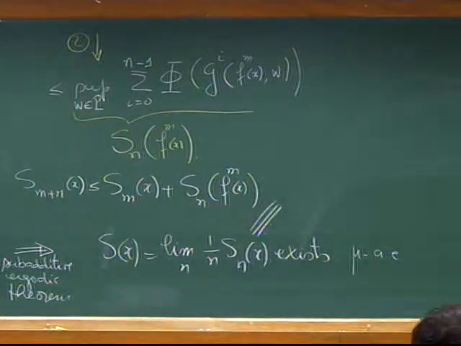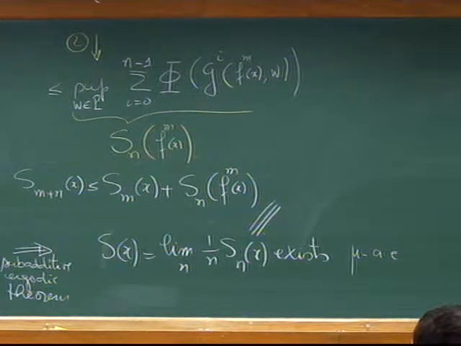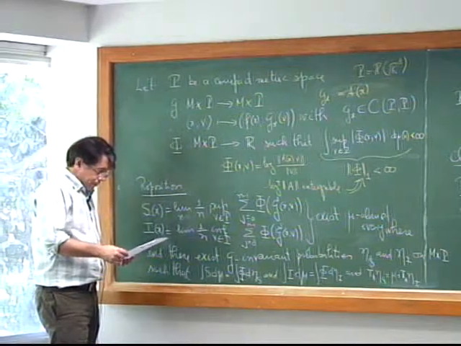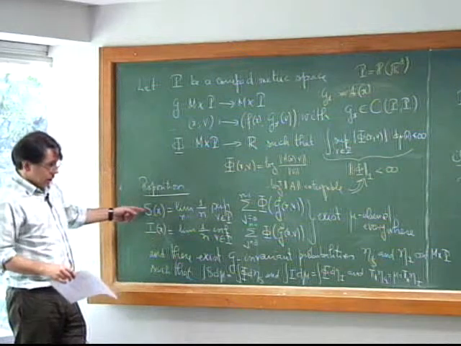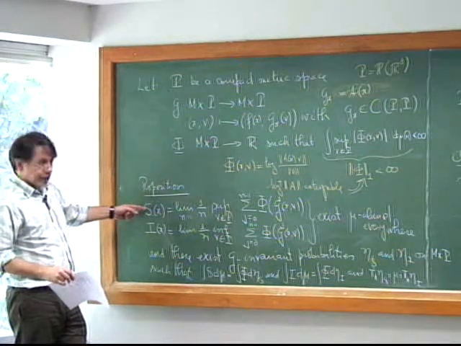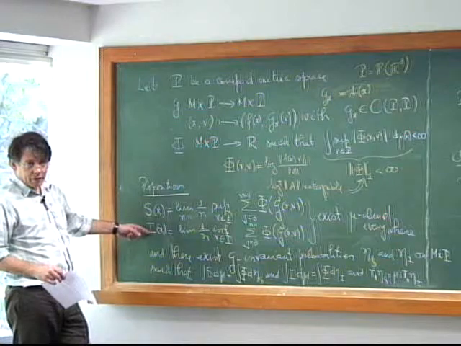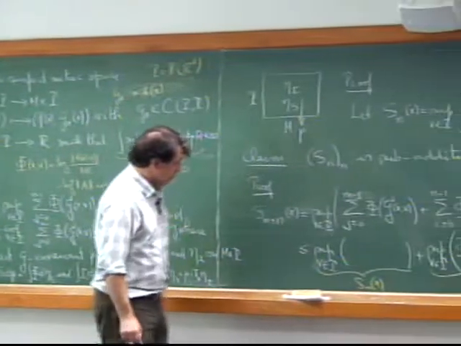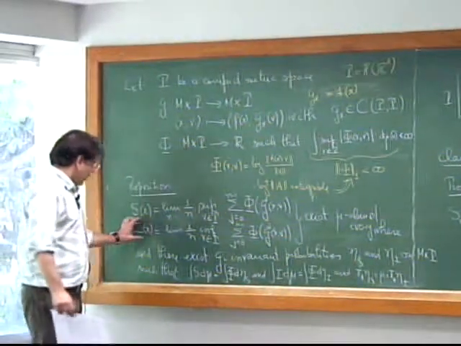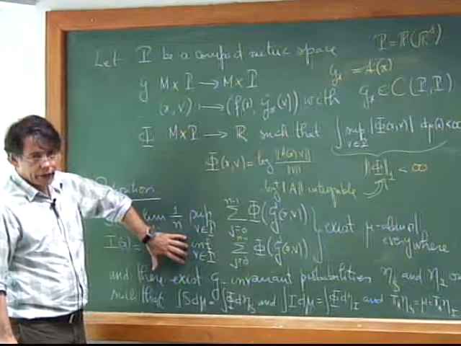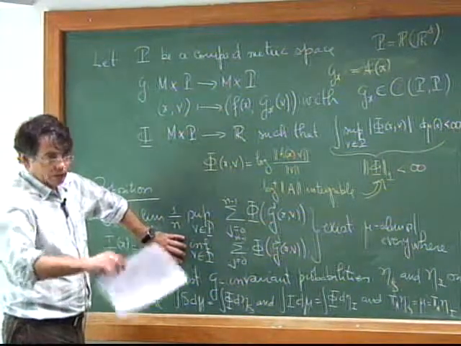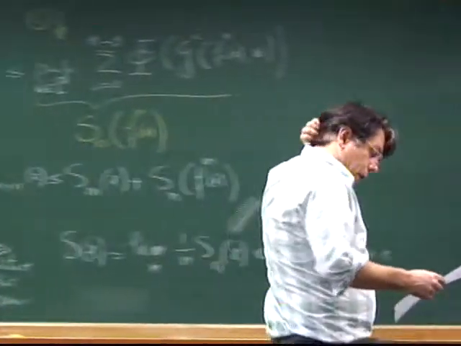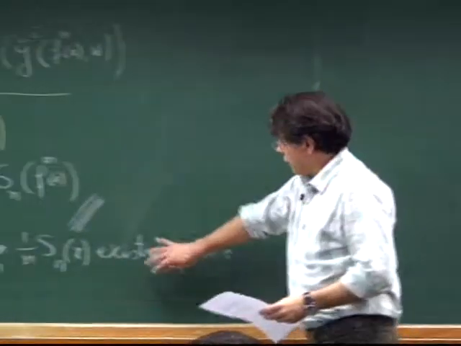Okay? So the first claim that these limits exist is a special case of the subadditive ergodic theorem. I did the argument for S. The argument for I is just the same. The difference is that here, instead of less or equal, we get greater or equal than. This sequence I_n is superadditive, but you just change the sign, put a minus sign, and it becomes subadditive. Okay, so we have this statement.